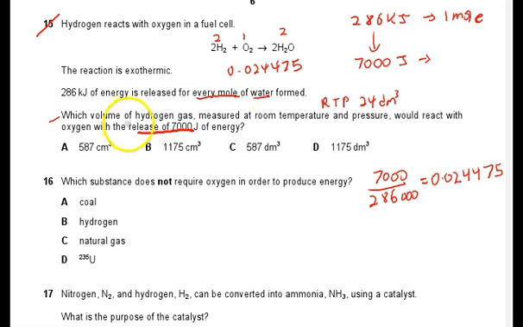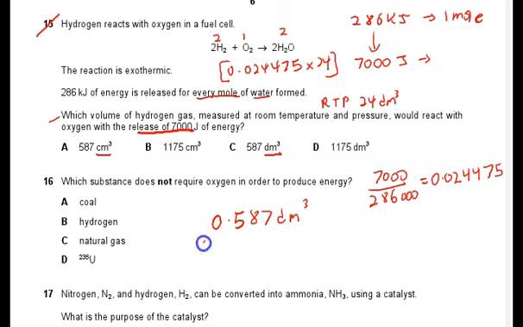Since this is in cm³ and this is in dm³, now we just multiply the mole with 24. We will be getting about 0.587 dm³.